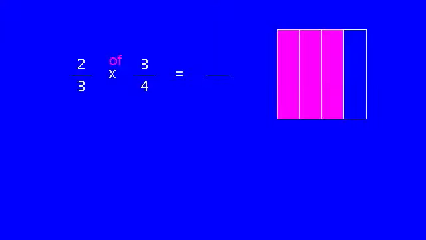Okay, so here we have 3/4 of a whole to start with, and say you are going to get 2/3 of it. So that means we have to divide this into thirds.